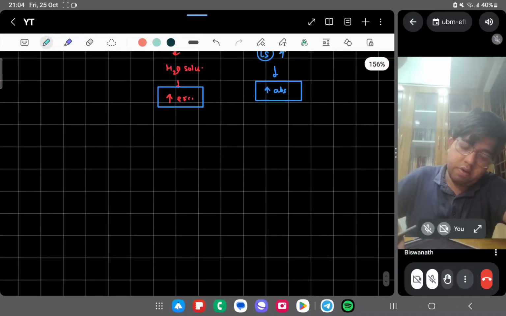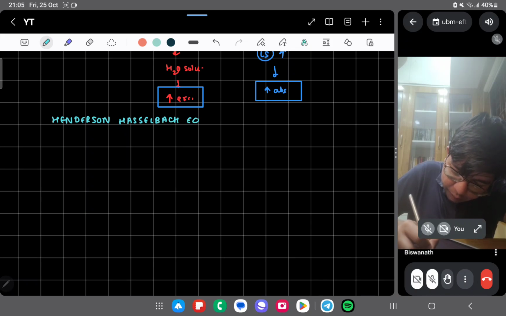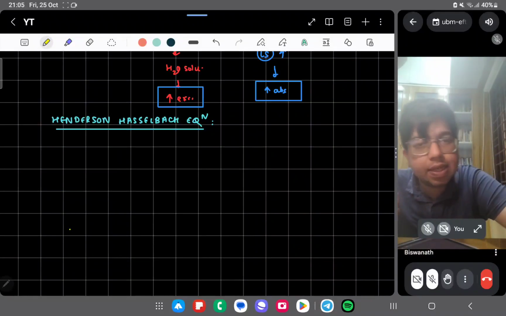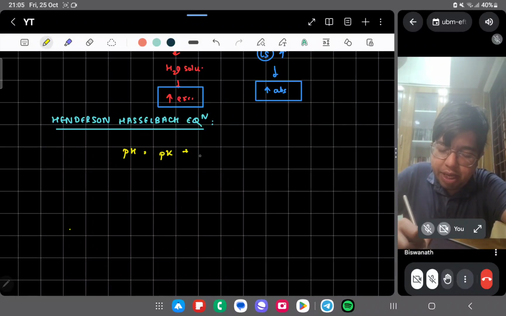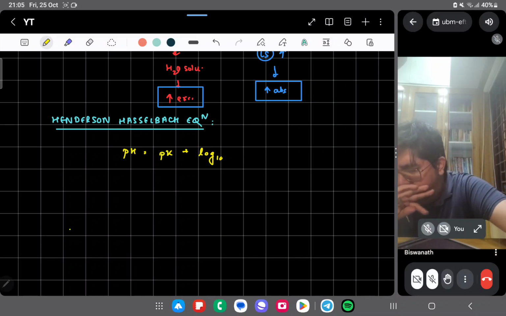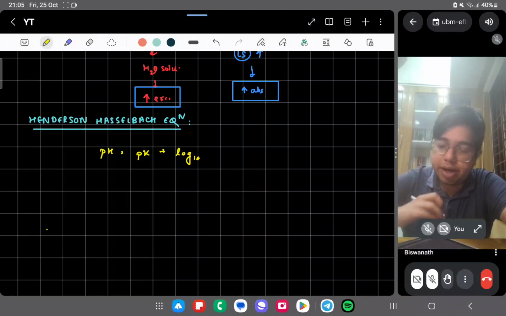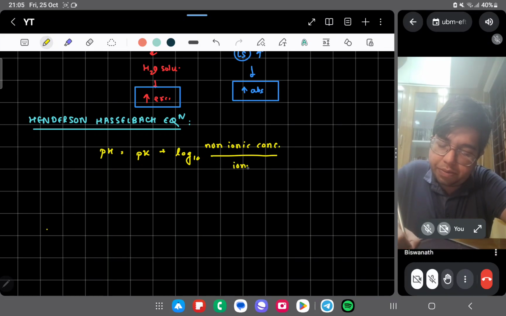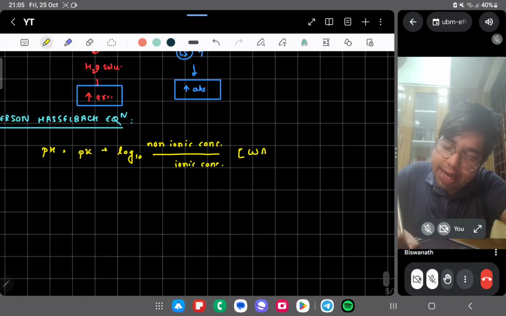It states that pH is equal to pK plus log base 10 of non-ionic concentration by ionic concentration for weakly acidic drugs.